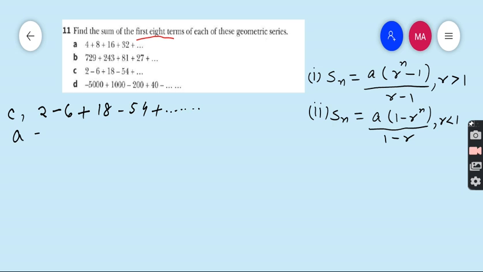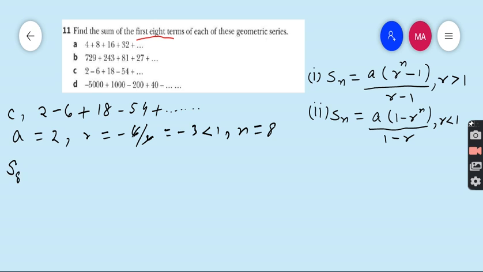So here the first term A is 2, R is obviously minus 6 upon 2, that is minus 3, and minus 3 is less than 1, and n is 8 for all parts, because we need the sum of the first 8 terms.